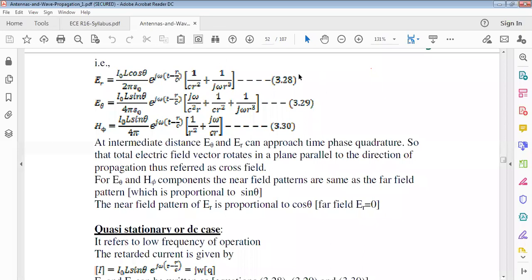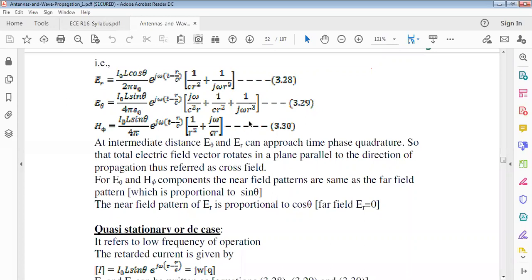Leave all your confusions about whatever I told you in the last class and the field components derivation we went through. Just remember the expression for retarded potentials, that is one point. Next, just remember the field components ER, E theta and H phi.